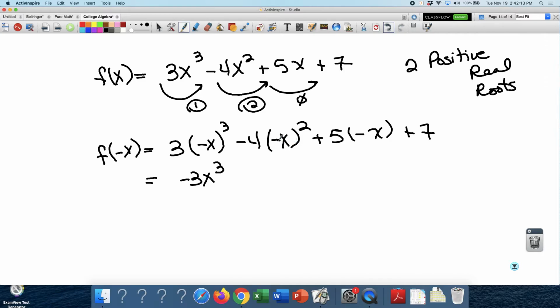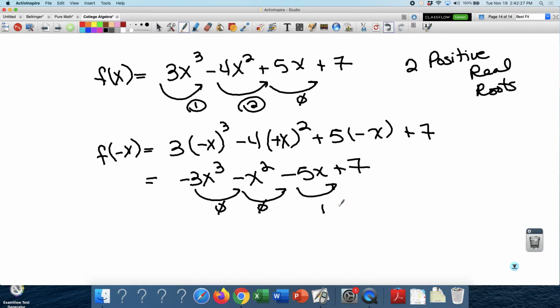A negative squared becomes positive. Positive times negative is negative. No sign change. No sign change. 1 sign change. So you have 1 negative root.